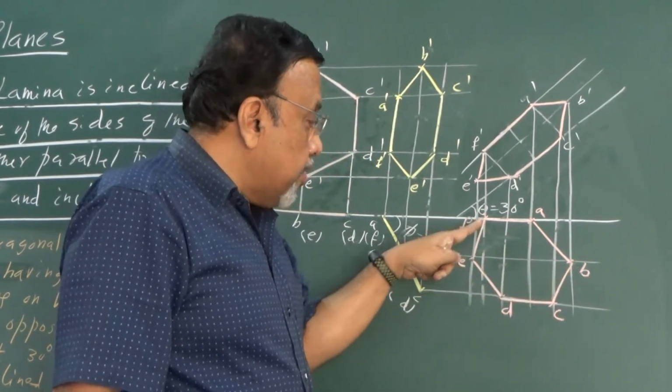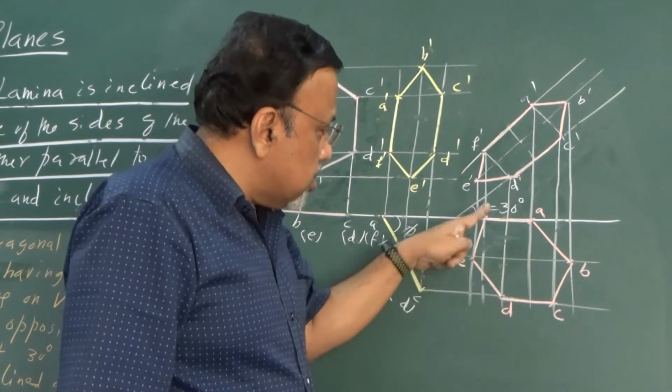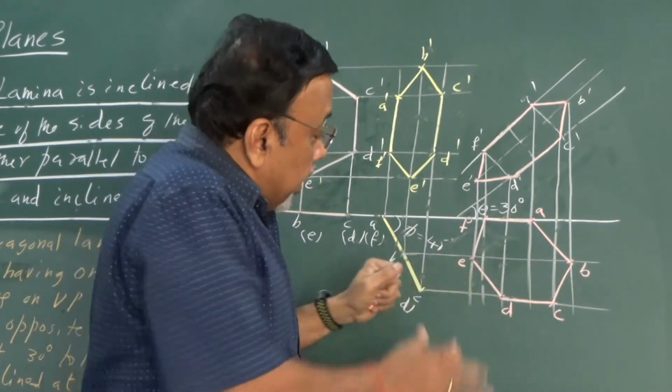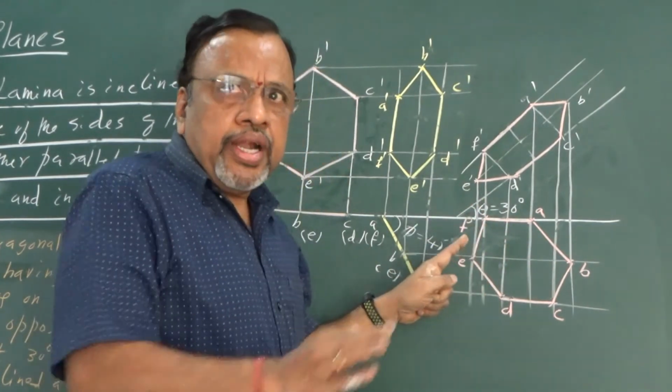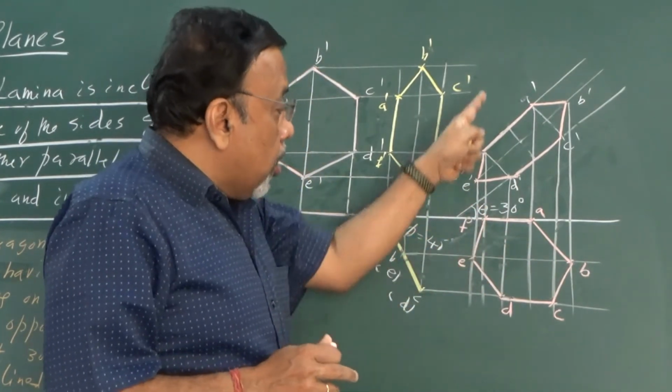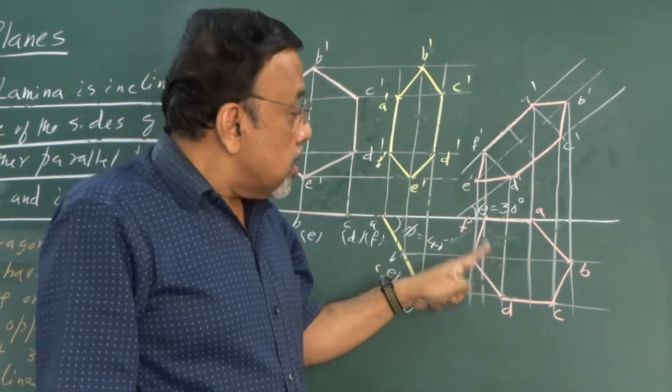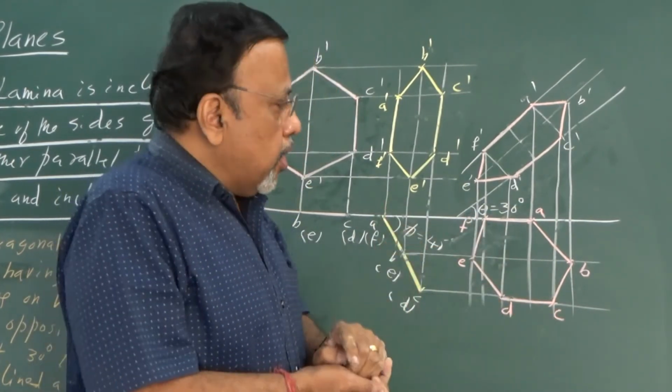This side is parallel to this side. Of course, these two are horizontal lines. Remember, whenever you do this, if you get some mistake, immediately you can see that maybe you have not drawn the intersection of the two projectors properly. Otherwise, the figure has to be symmetrical. But anyway, now we can see that.